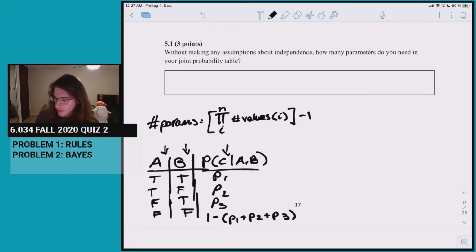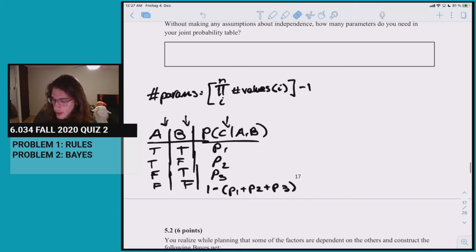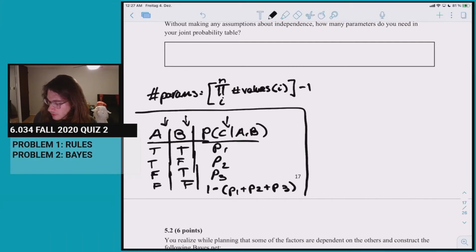And it certainly helps that C can either be true or false, as can A, but that's precisely what I'm getting at here. So I'll leave this up and just keep it there as a thought.